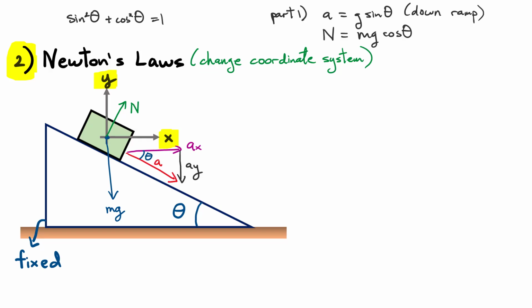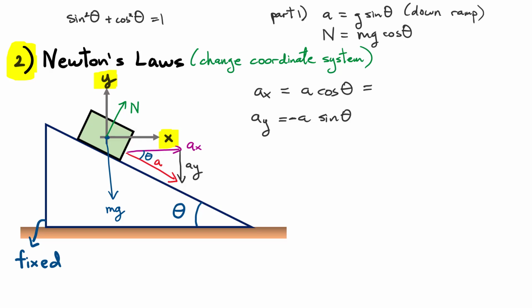So right away, you can write the components of the acceleration along the new axes as a cosine of theta and a sine of theta. I'm going to put a negative value here because it is pointing down. ax is positive, but ay should be negative if that's the positive y-axis.